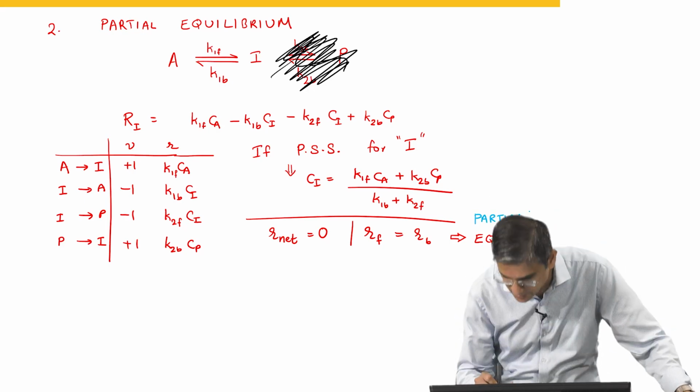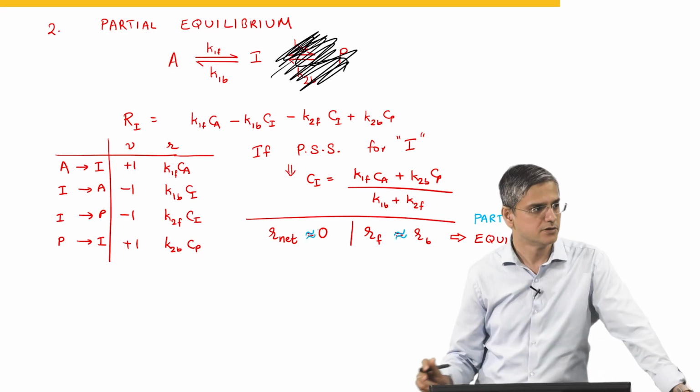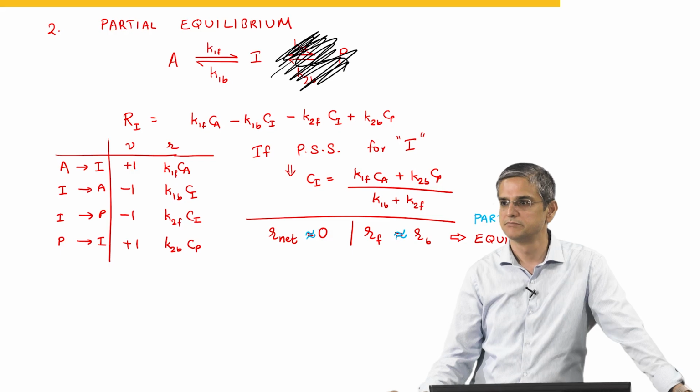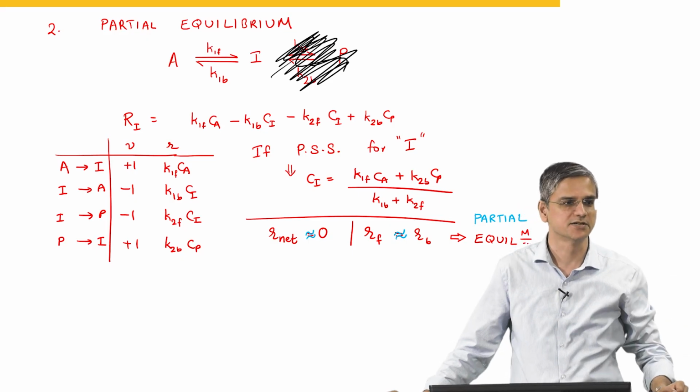Partial equilibrium means approximately equal to 0. The only difference happens in the first step, the rest of the derivation will be exactly the same.